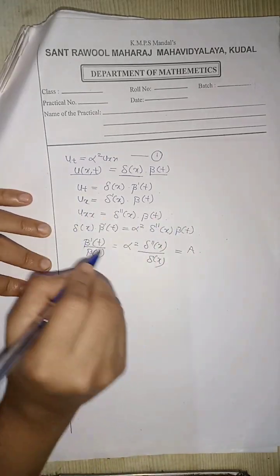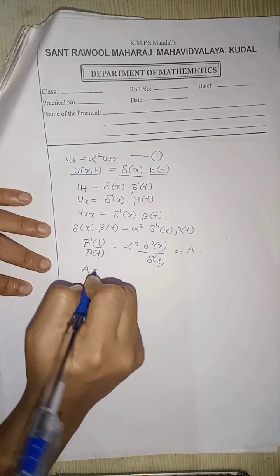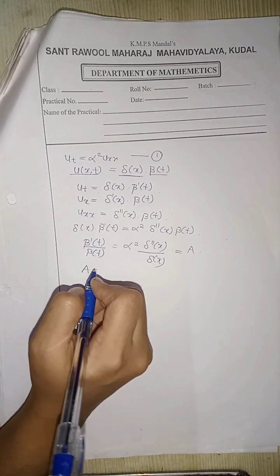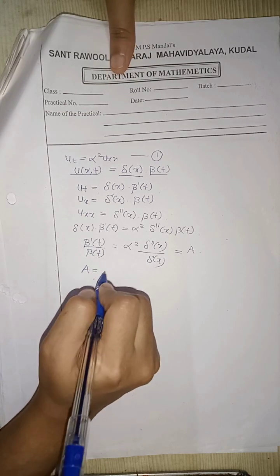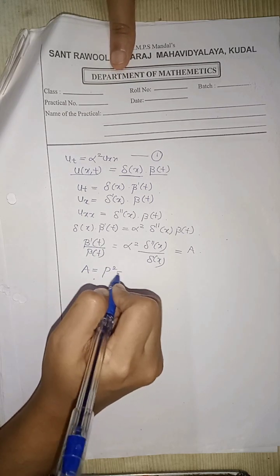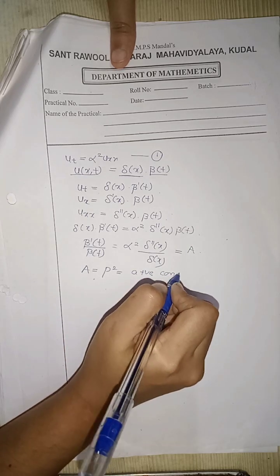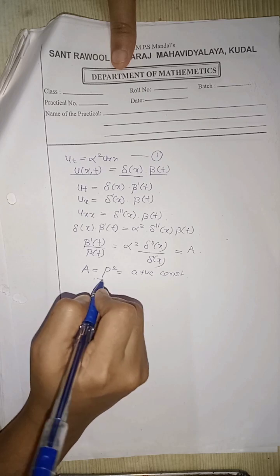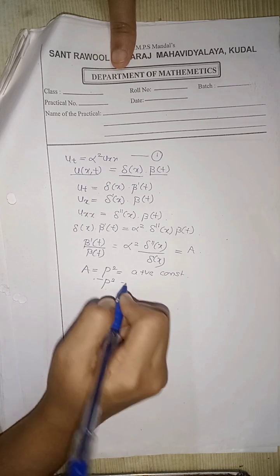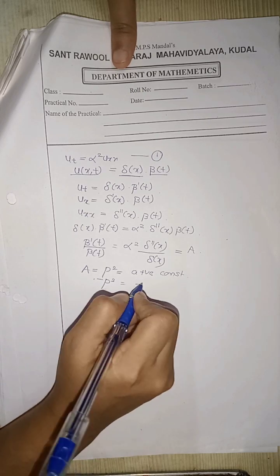Now a is a constant, so a has two options, whether it will be positive or negative. If it's positive, then it will be in the form of p square, where p is a positive constant, or else it will be in the form of minus p square, a negative constant.